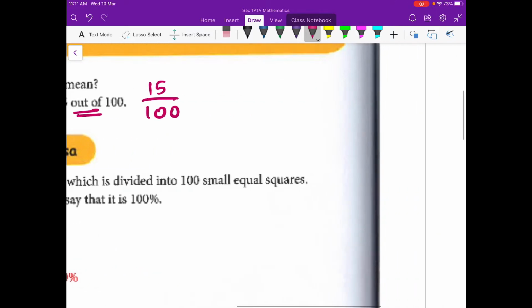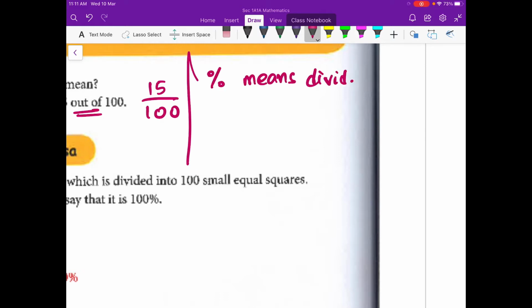So I want you to write down in a space in your textbook: percent means divide by 100. So over 100. Everybody write this down now. Extremely important. Percentage means divide by 100.